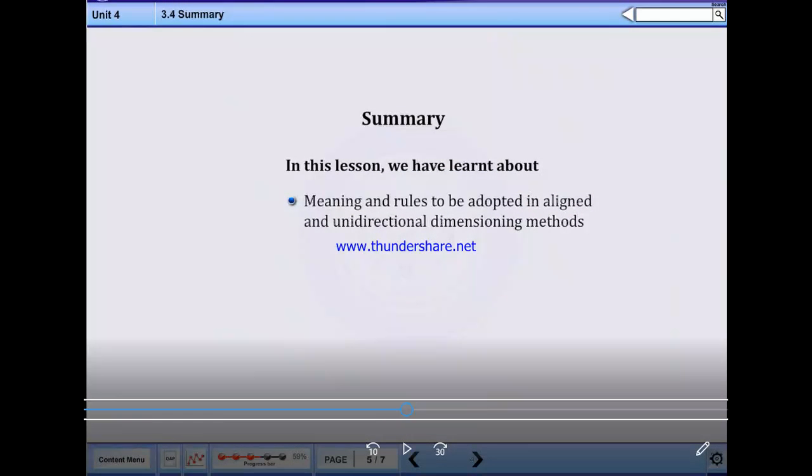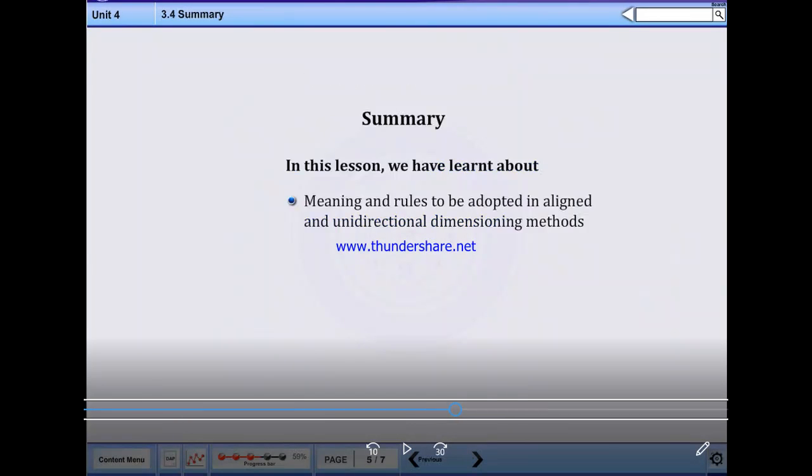Now we have studied the meaning of dimensioning, placing, and rules to be adopted in aligned and unidirectional dimensioning methods.